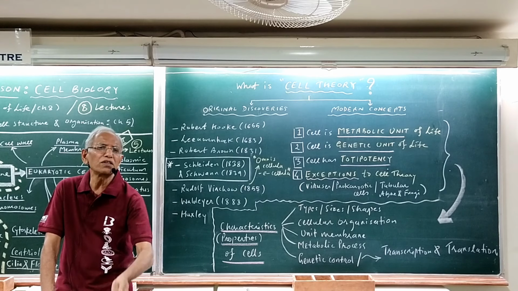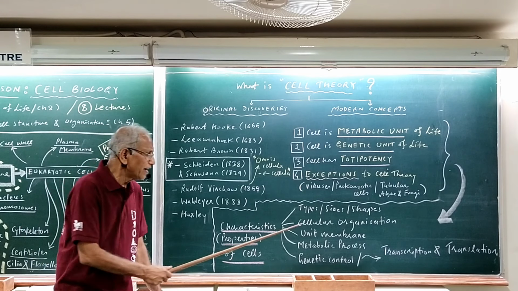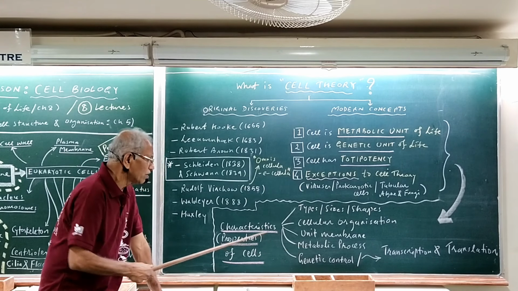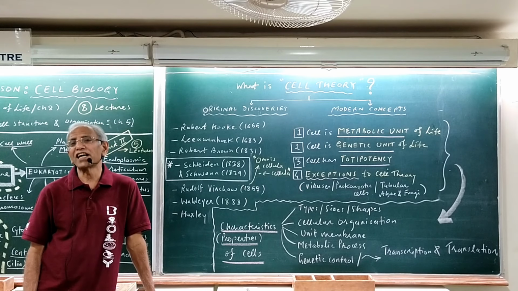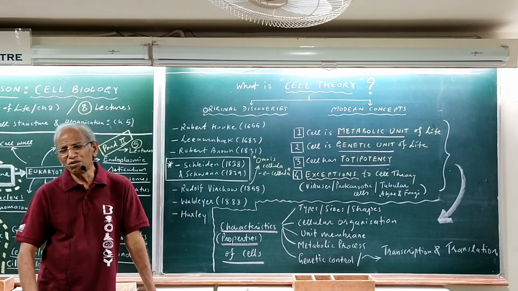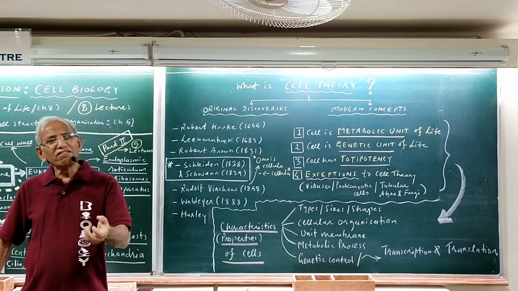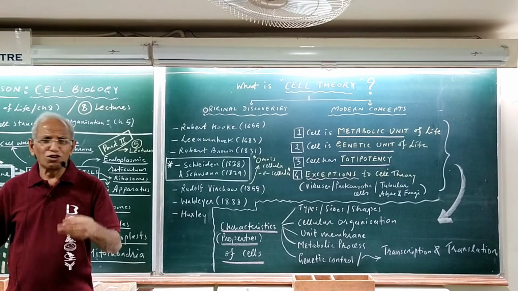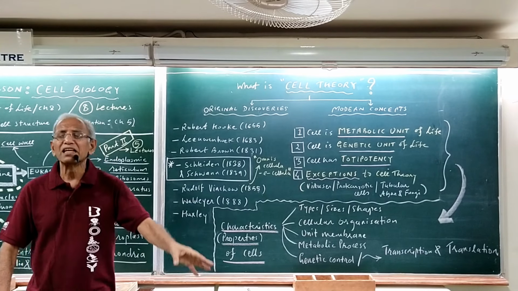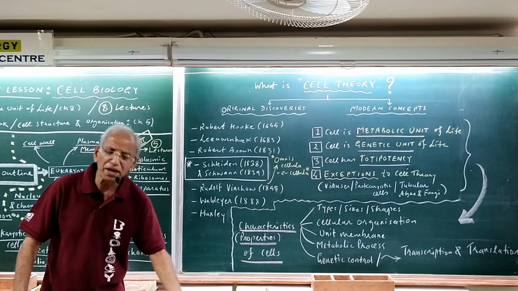Hundreds and thousands of chemical reactions are going on. And that's how metabolic processes occur, and a cell is that which has metabolic processes. You don't get metabolic processes outside. The non-living world does not have metabolic processes. The non-living world doesn't have cells. The non-living world doesn't have membranes.